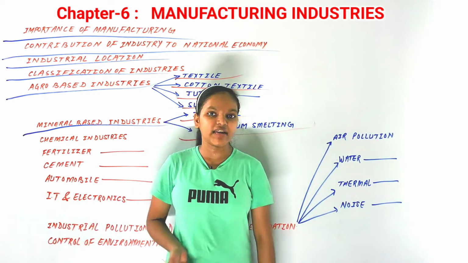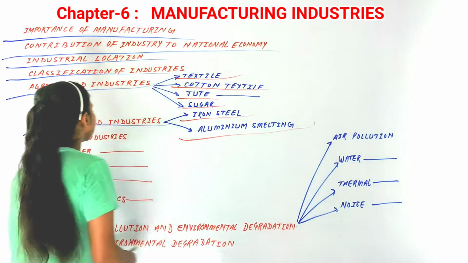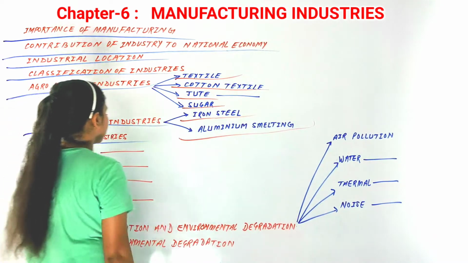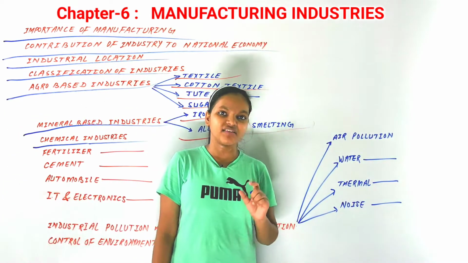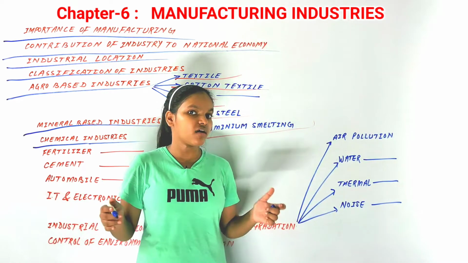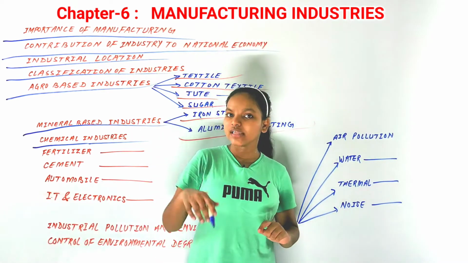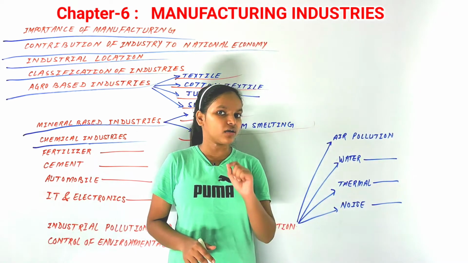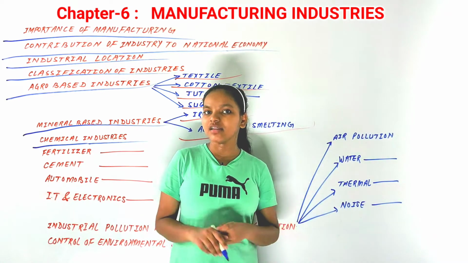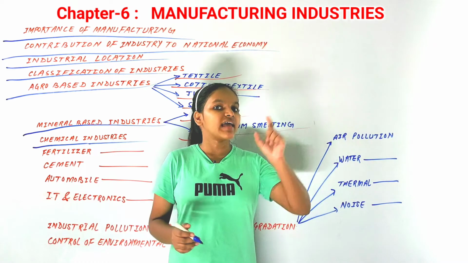Now the next industry that we're going to talk about is chemical industries. All of you know what chemicals are. There can be two kinds of production in chemical industries: organic chemicals and inorganic chemicals. In our country there is a lot of demand and popularity for chemical industries.